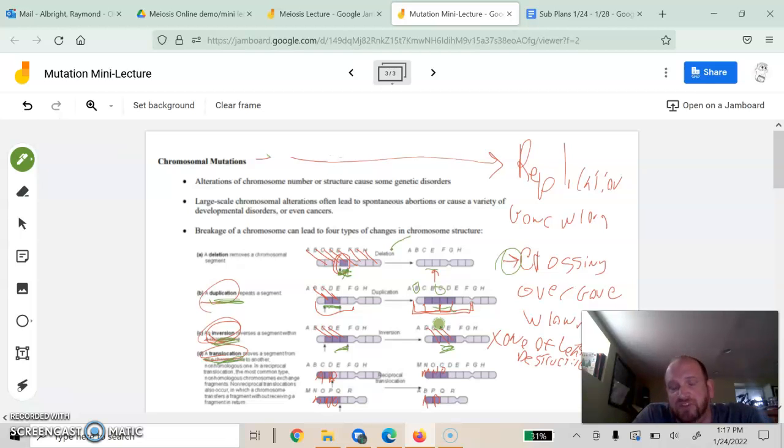Now down here we have translocation, which is real drastic. So I've got one chromosome right here, and I have a different chromosome right here. And what's happening is these pieces are ending up down here, and these pieces are ending up here. That's a big problem.